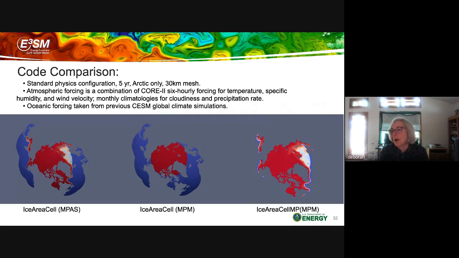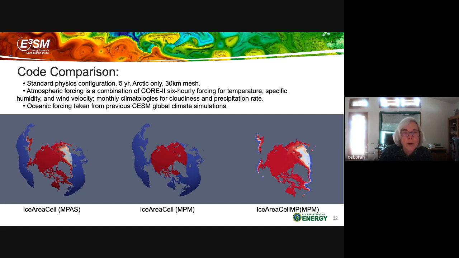All right, so really the last slide here is to look at a global simulation. This is what we call our standard physics configuration. This is a 5-year simulation. This is just an Arctic only mesh, 30-kilometer resolution.